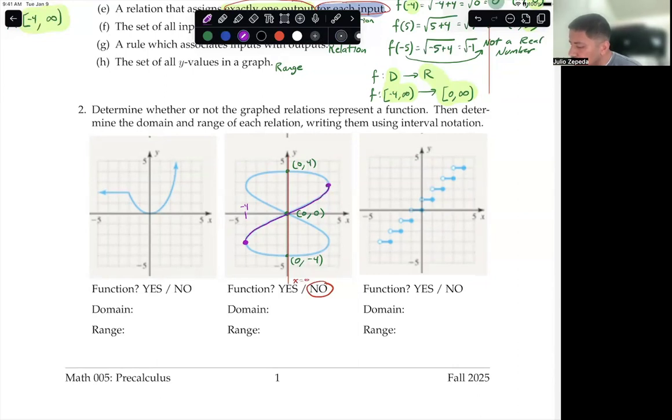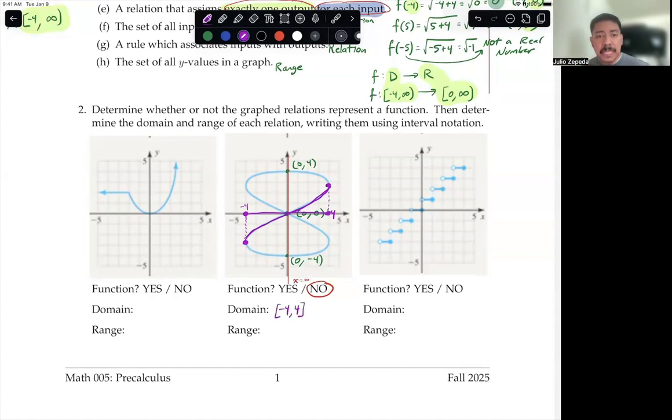The rightmost x value here is +4. If you imagine this graph getting squished down to the x-axis, this point here would go to -4, and all of these intermediate points would be squished down in between -4 and +4, and that would give us the domain. The domain of this relation is -4 to +4.